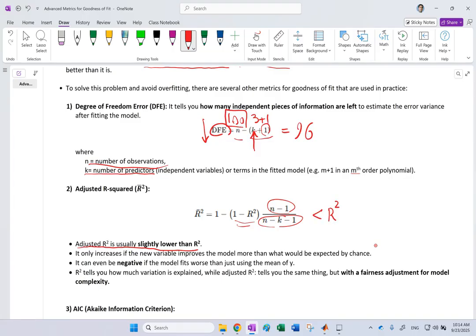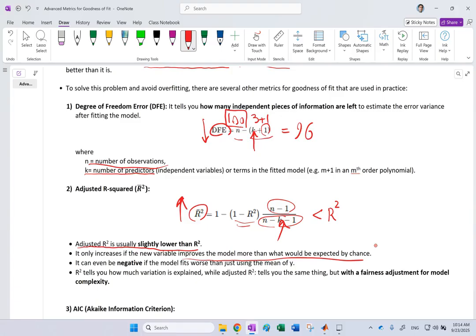And this one will only go up, and you know, bigger R squared closer to 1 means better. It only goes up if, when we add to this k, that will improve your model. So this one actually does have a maximum in it.